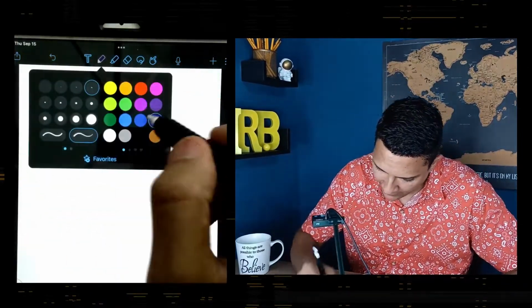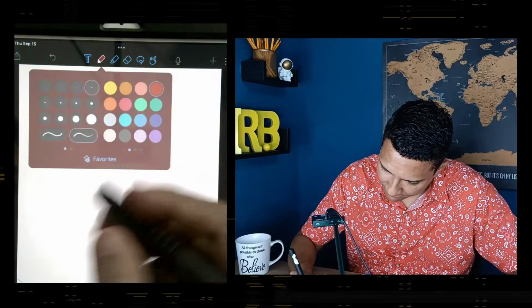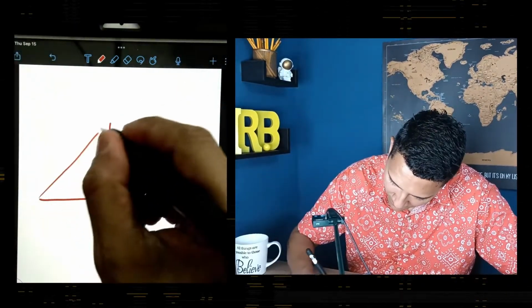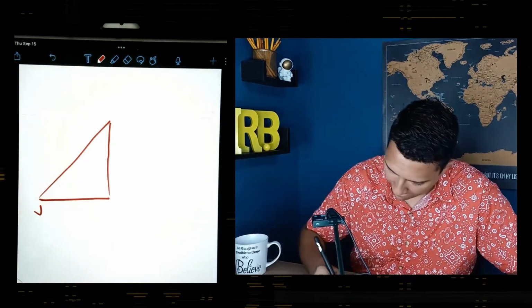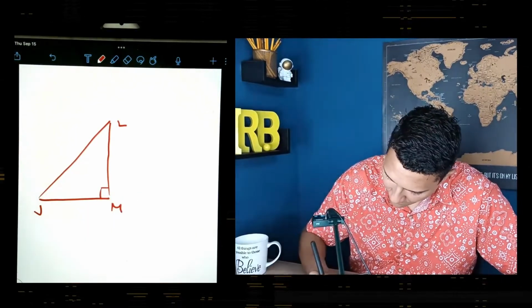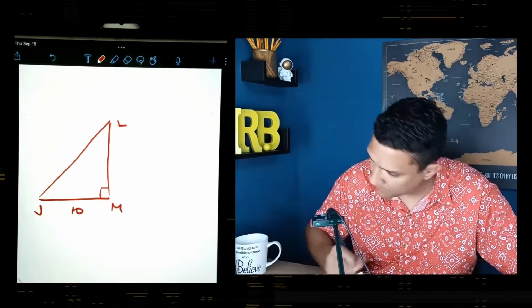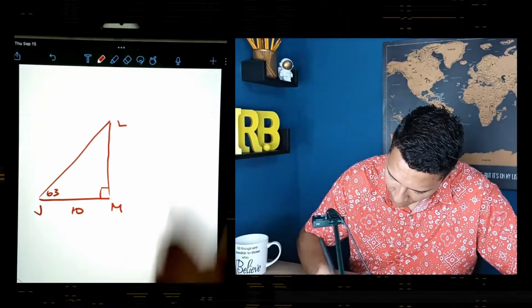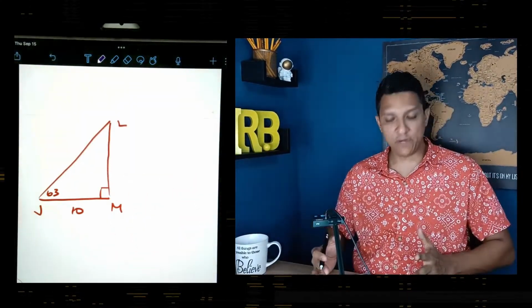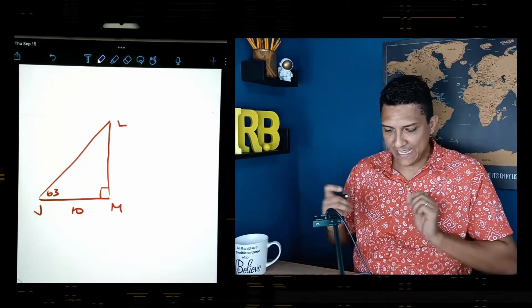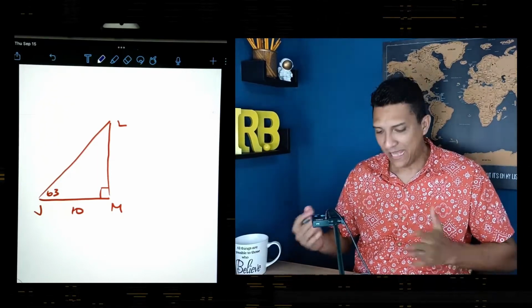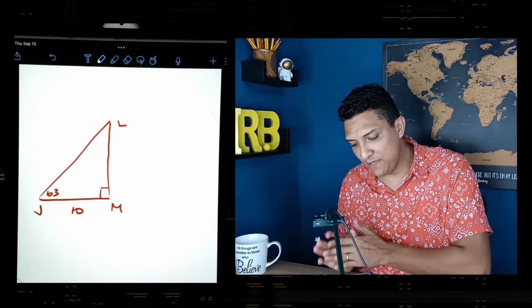Let me do that quickly. Here's the drawing. Notice something. I basically drew the biggest triangle, and the side they are asking me is ML.